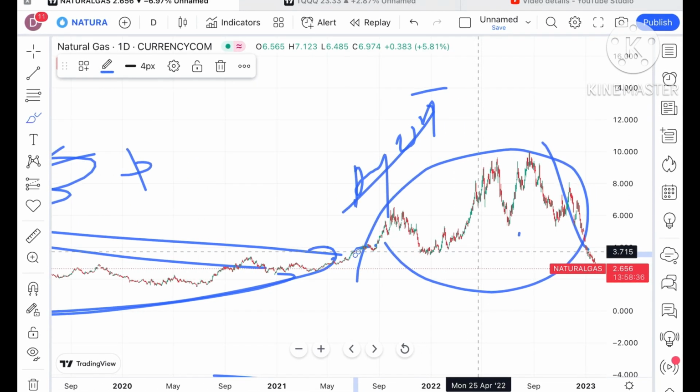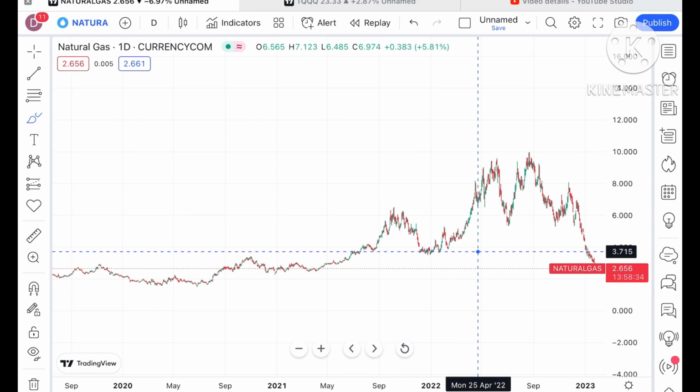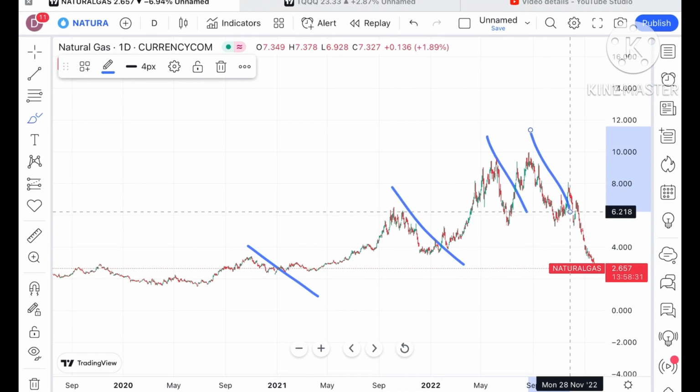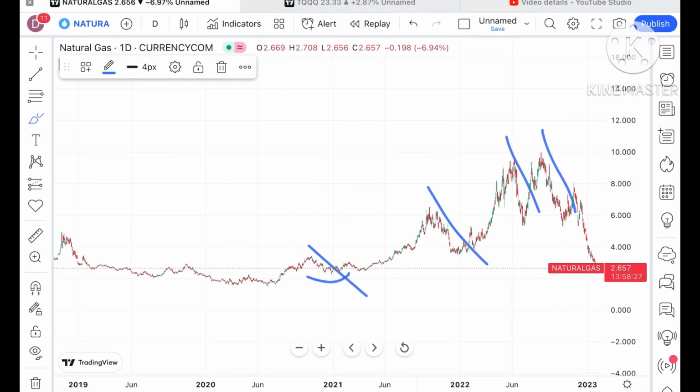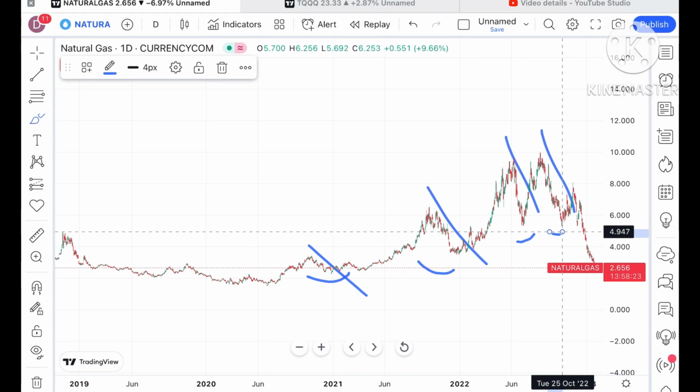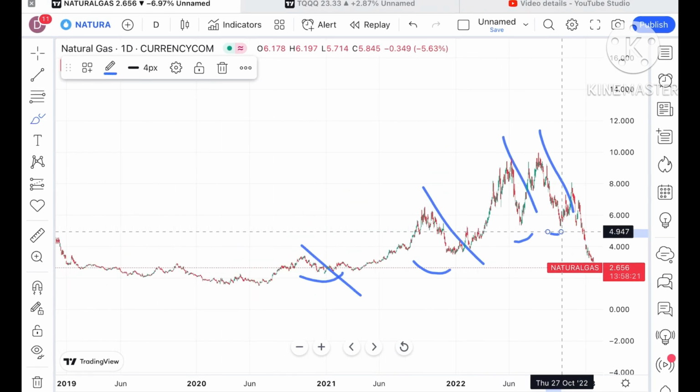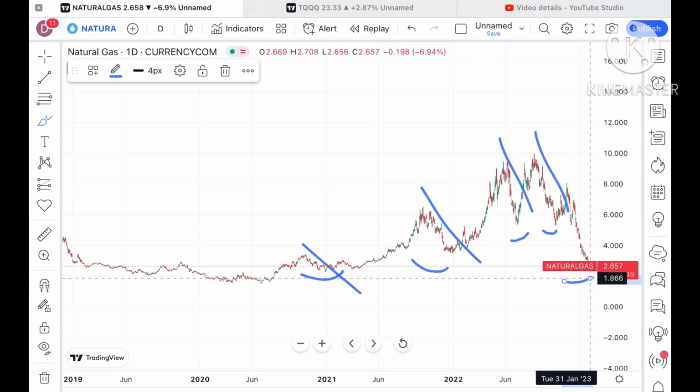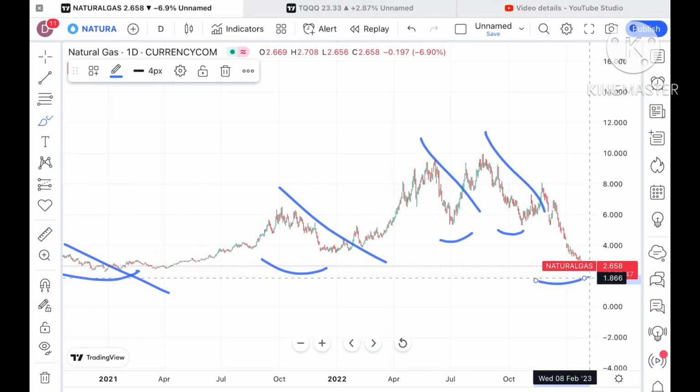But one other important thing that you have to understand here is that there is a pattern forming. Why am I explaining this? Because you have to understand that natural gas is moving out and going upside by creating the same pattern, so chances can be high that it can repeat this pattern for the next trend. There is a high chance.